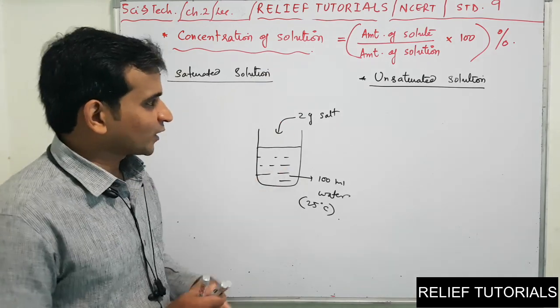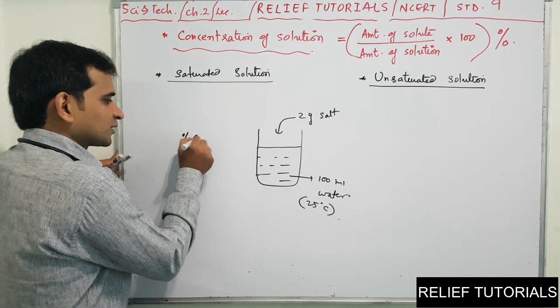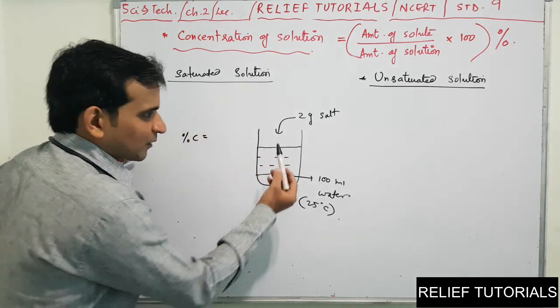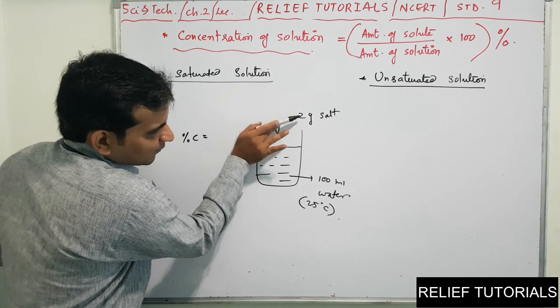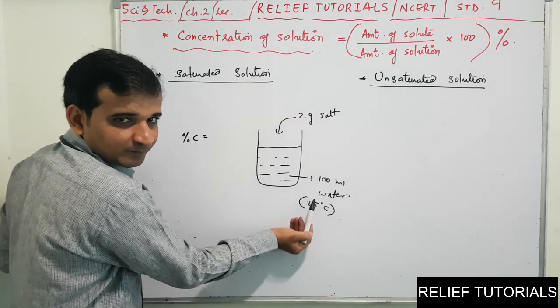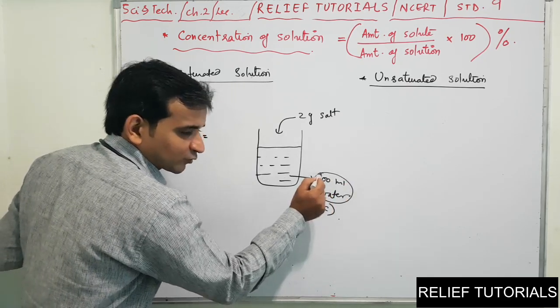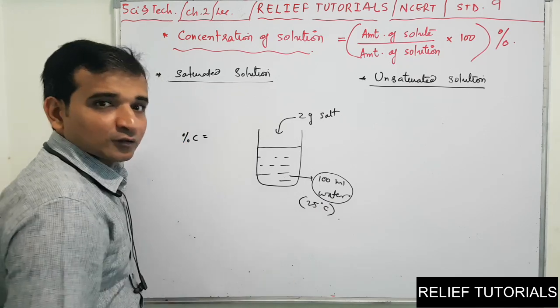So according to formula, if we calculate the concentration, see this, here the mass of solute is given and volume of solution is given. You know that volume of solvent is always equal to volume of solution.